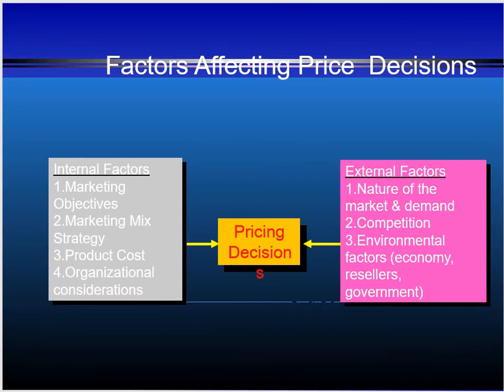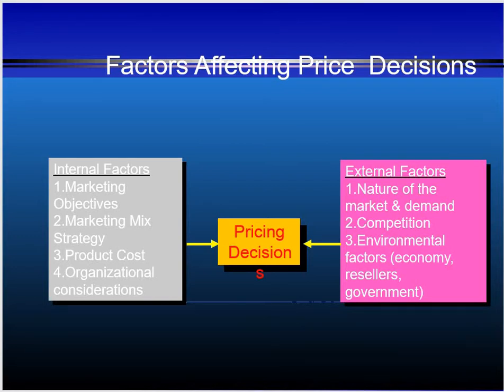Because if Mukti is offering 2,500 rupees per square feet, then the small contractors, small developers are going to offer like 2,450, 50 rupees less than what Mukti is offering, because they want to survive the competition.